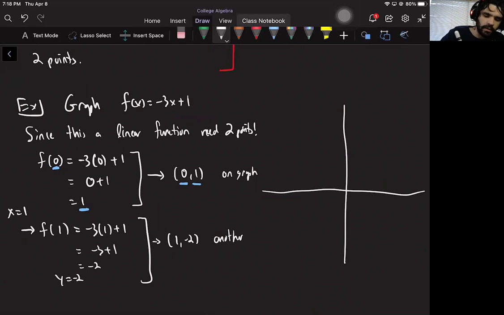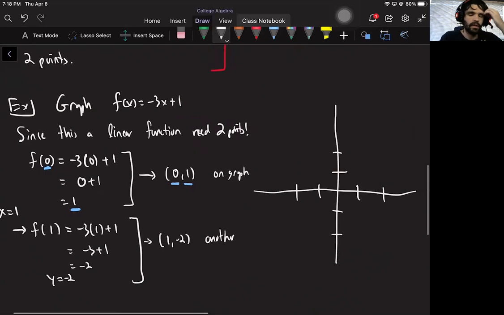So now I can draw my nice graph as best as possible. You are going to need to label the points that you draw because you probably, like me, will not draw perfect graphs. So it will not always be obvious what they are unless you label them. So 0, 1. That means I go over 0 and up 1 to there.